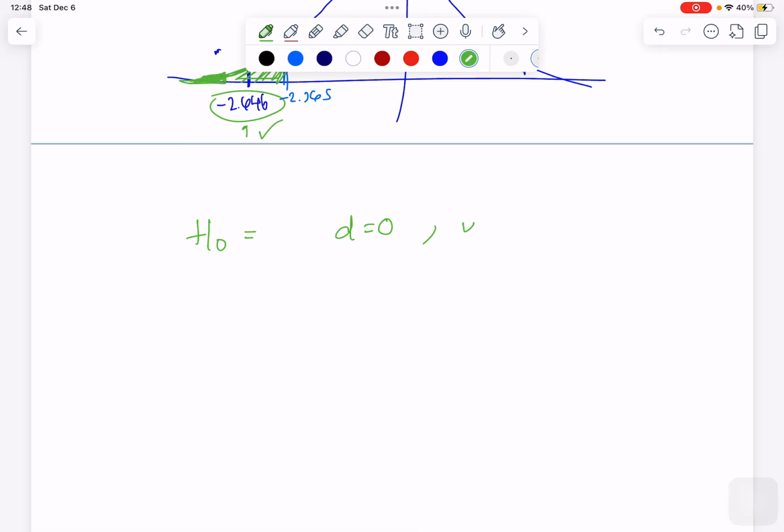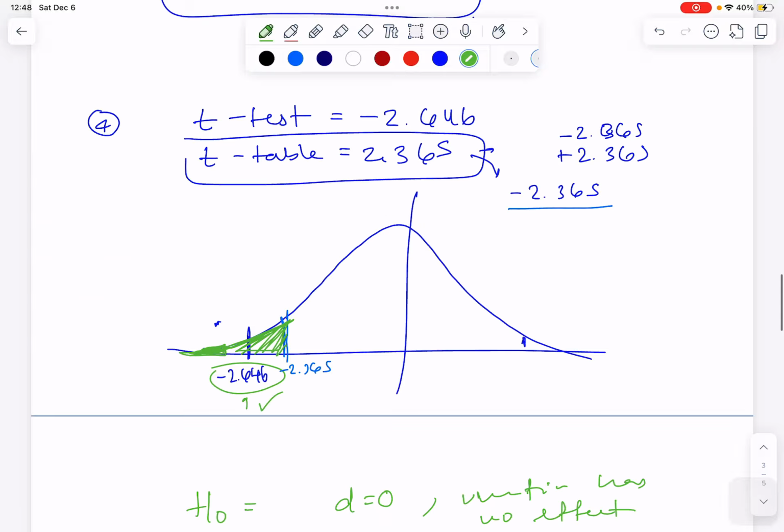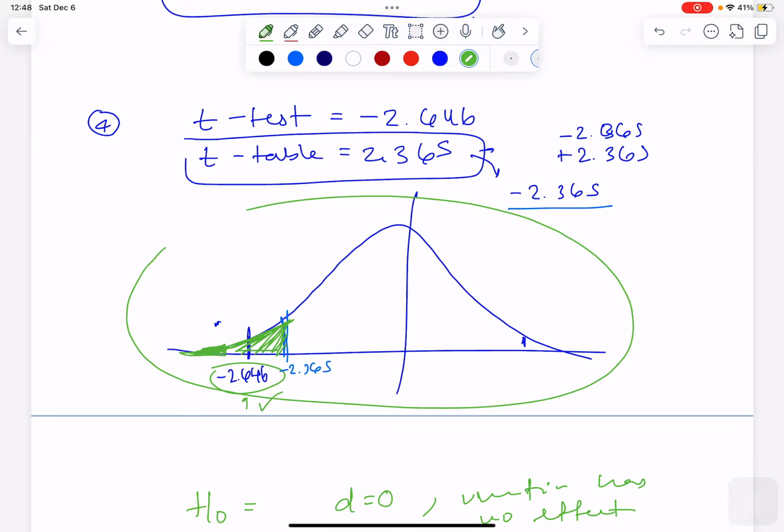that the medication has no effect, okay, and the alternative says that there is in fact a difference and the medication has an effect. So what we saw in this graph over here is that the t-test value we calculated is in the significance level.